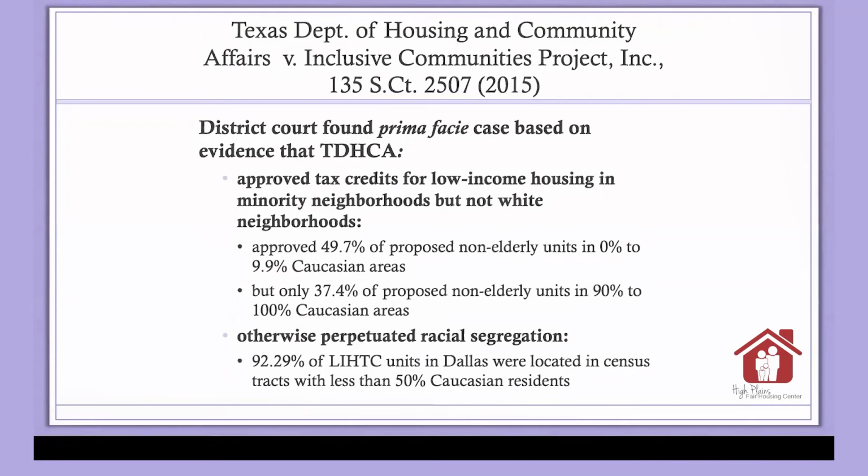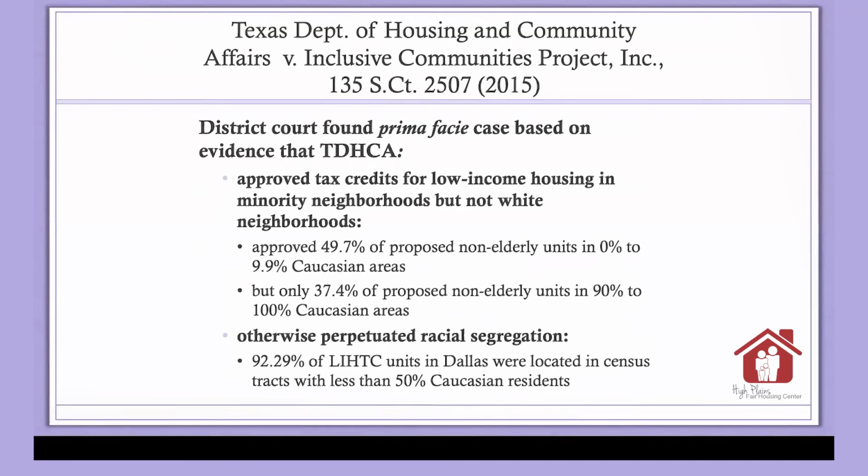The district court found that a prima facie case was established based on evidence that the state agency did the following. It approved tax credits for low-income housing development by private developers in minority neighborhoods, but not in white neighborhoods.